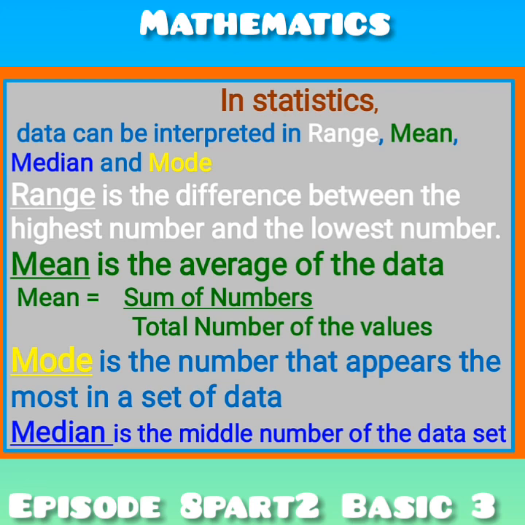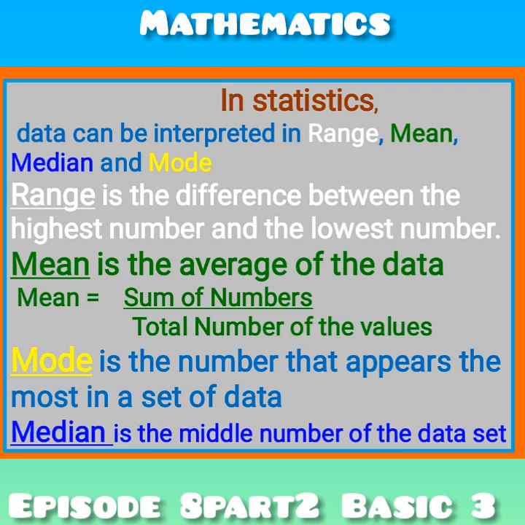The formula is sum of numbers divided by total number of the values. Mode is the number that appears the most in a set of data. The one that is most frequent is called mode.